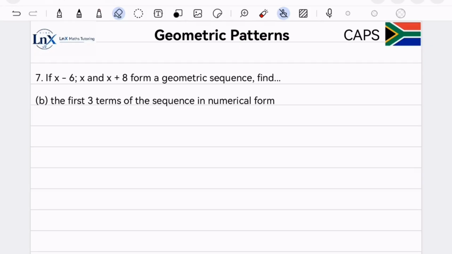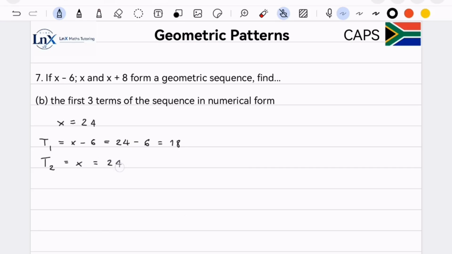Alright, let's go ahead. And so now, what we do know is that x equals 24, right? And then we know that our first term is x minus 6. So x is 24 minus 6, which will give us 18. Then our second term is x itself, so that will give us 24.